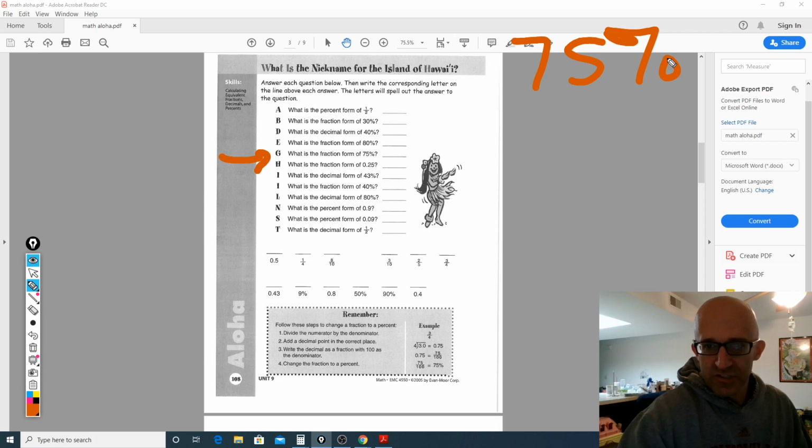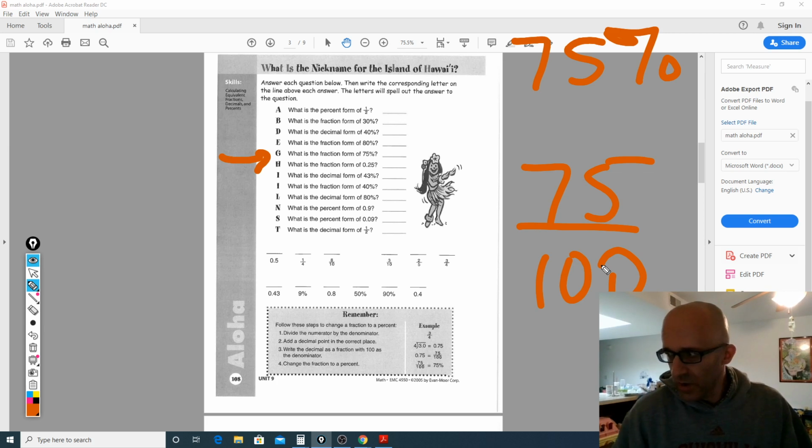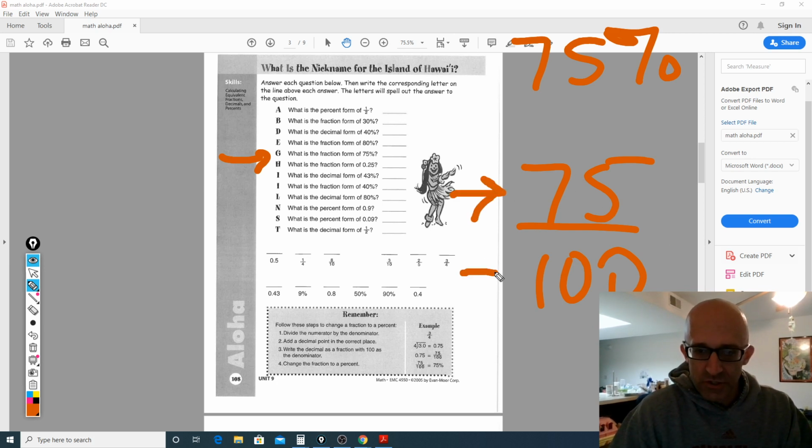So as a percent, it's 75 over 100. And the question then becomes, let's reduce that fraction. Can we reduce 75 and can we reduce 100?